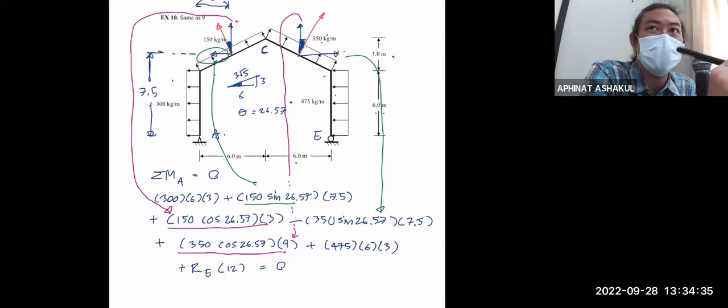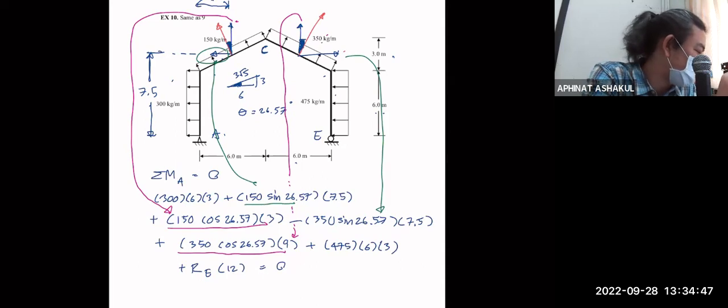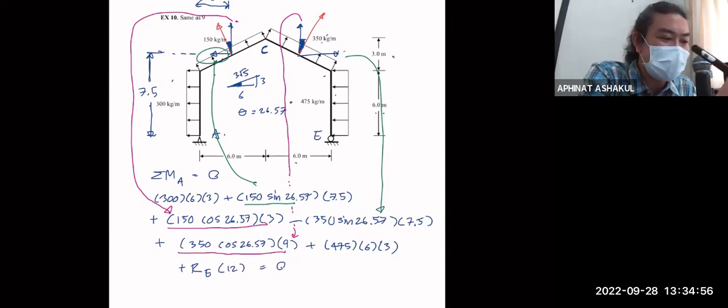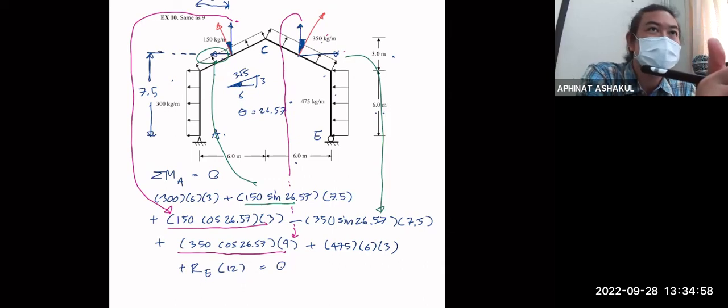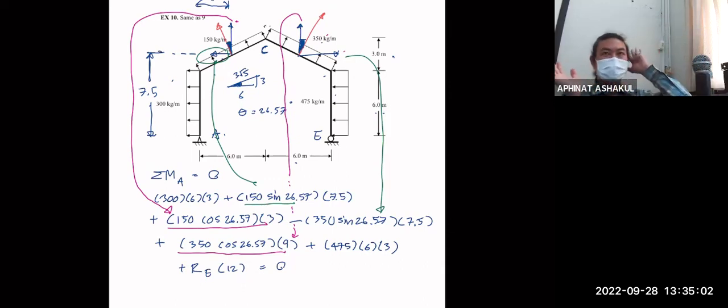If you cannot work your way from both ends, you're going to have quite a challenging problem to transfer the force from member BC to CD, because it's like two very different angles, right? So it is a better idea to work with member AB and then BC and then DE and then CD, and see if you can have the same moment at point C.